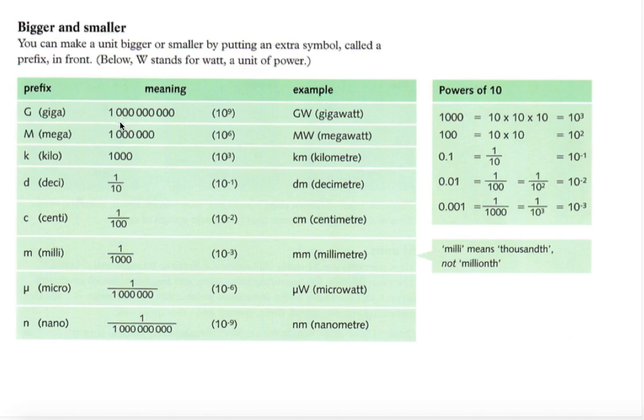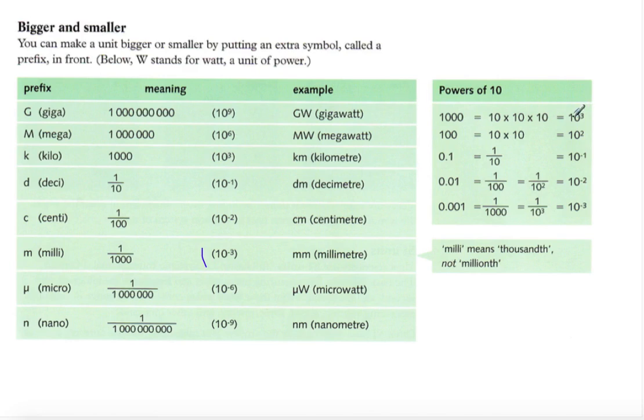For example, 10 to the 9 expresses gigabyte, 10 to the 6 expresses megabyte, and while measuring length, 10 to the 3 expresses kilometer. 1 out of 10, 1 out of 100, 1 out of 1000, 1 out of 1 million express small numbers. So the power of 10 shows very big and very small numbers.